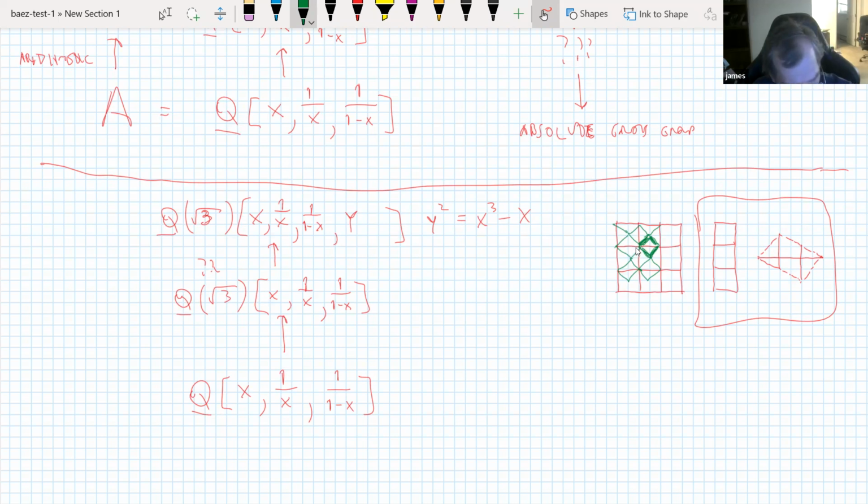But it would be, I mean, it would perhaps be some 18th degree equation. So it'd be morally similar to this, right?